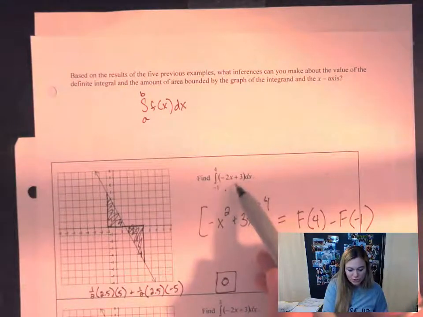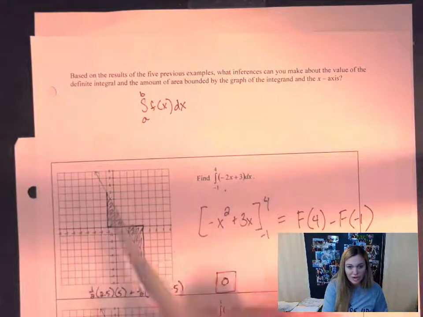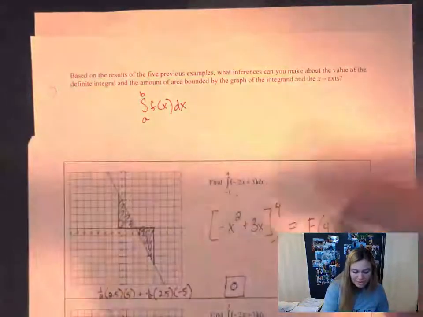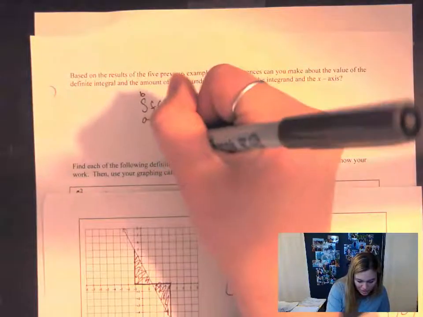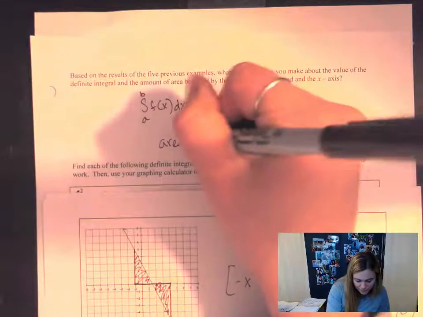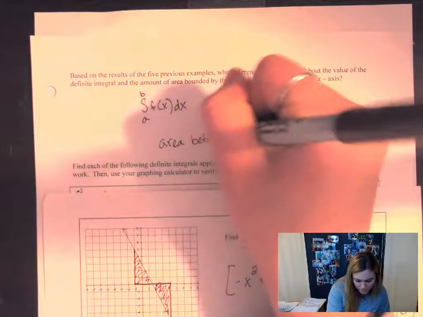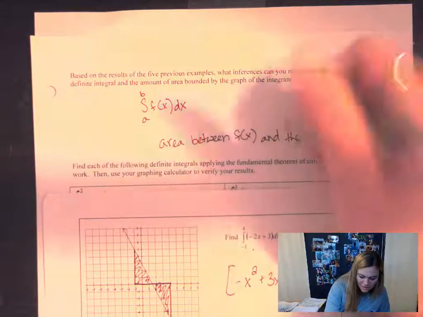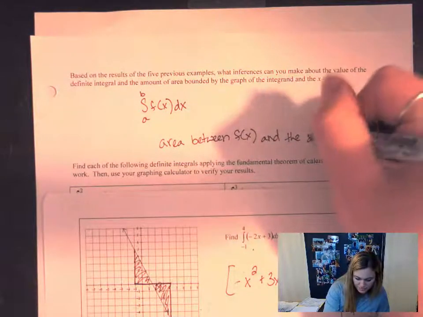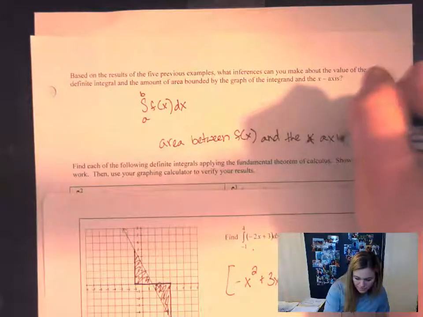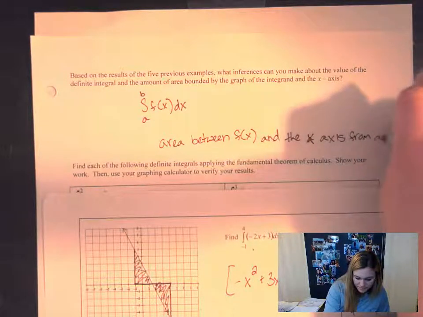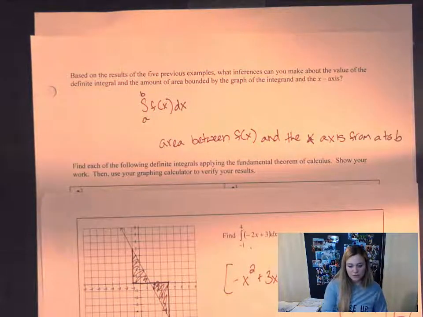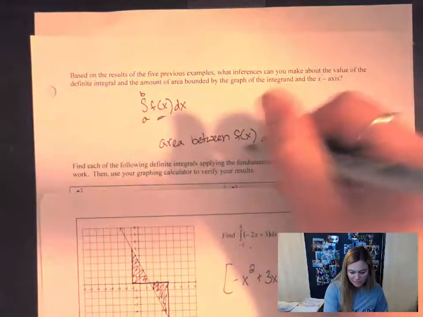Remember how I just said these two things match? This was -2x plus 3. The line graph was -2x plus 3. This is going to be equal to the area between f of x and the x-axis from A to B. Okay, so as long as these match, if this is f of x.